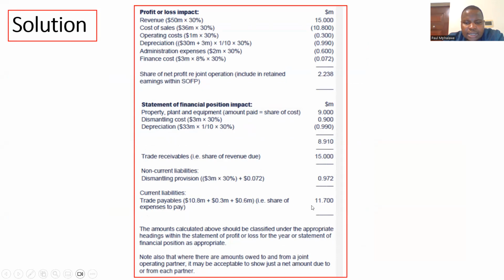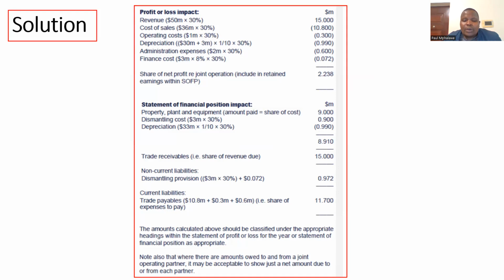The current liabilities, they didn't take, as we stated, finance cost and depreciation. If you can see clearly here, they didn't account for those with the reason that I gave you. So the amounts calculated above should be classified under the appropriate heading. Every line in the appropriate heading. Don't make a mistake.